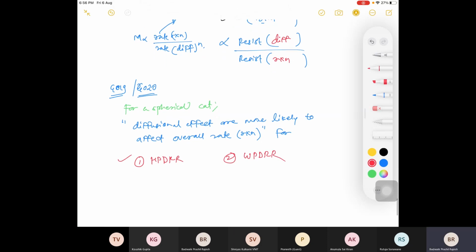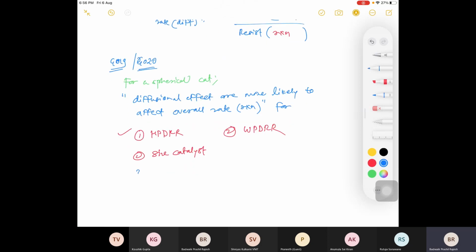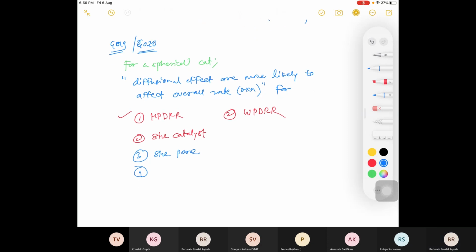Maybe I can give you size of catalyst, maybe size of pore, maybe rate of mass transfer.